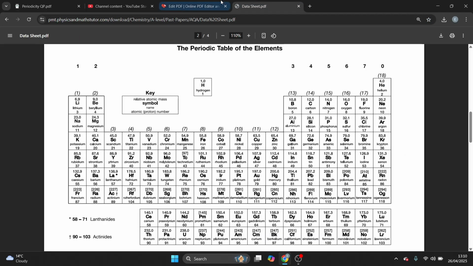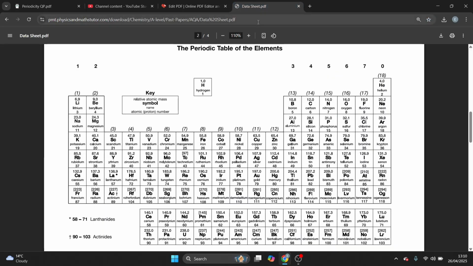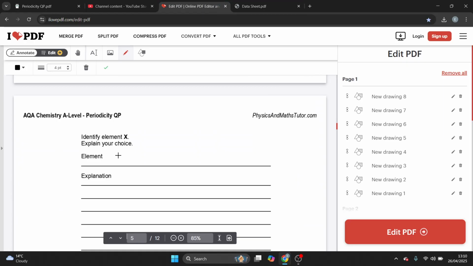So if I go to group 5, it's also got more than 10 electrons, and it's in period 3, so it's got to be phosphorus. It's in group 5 and period 3, yeah, it's phosphorus. So therefore the element is phosphorus.